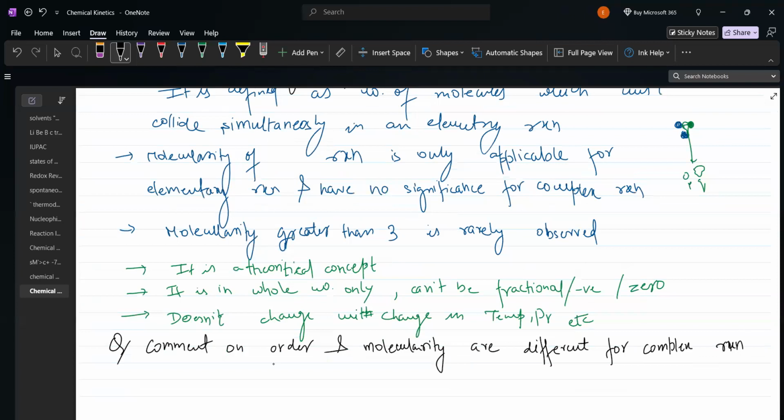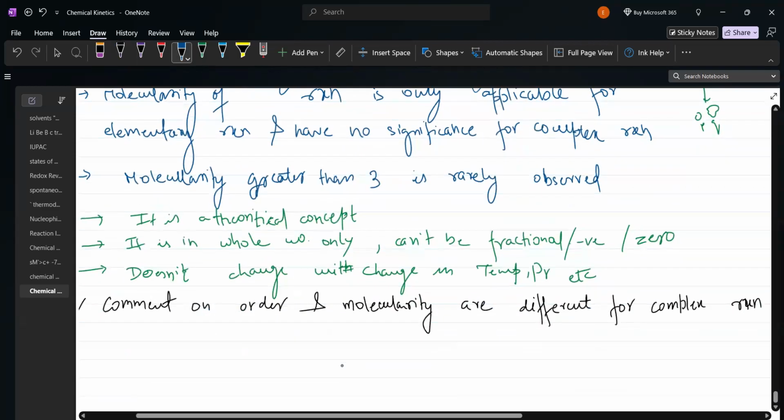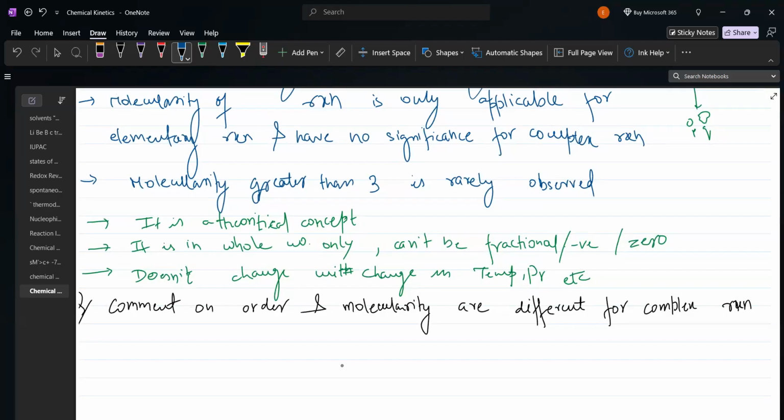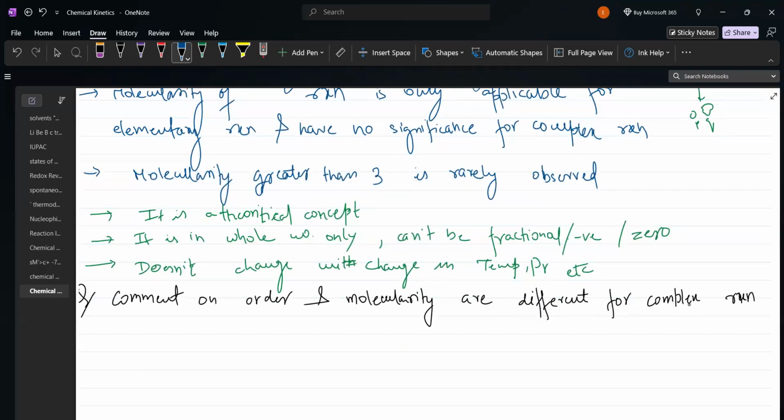Done writing, Rishita? Yes, sir. So see, the examiner can confuse you with the molecularity thing or order thing. Complex, elementary. So let's see. We have to comment on the order and the molecularity for complex reaction.